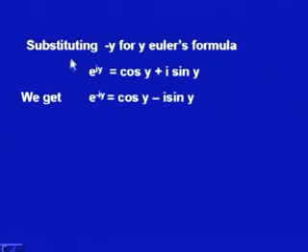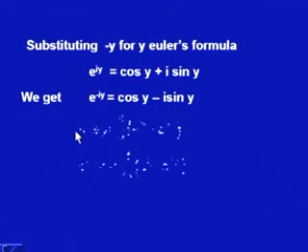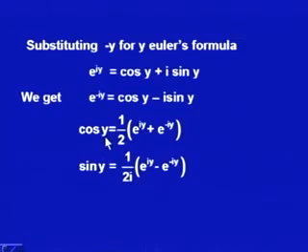Now if in the same formula I substitute -y for y, then from Euler's formula e^(iy) = cos y + i sin y, this substitution gives me e^(-iy) = cos y - i sin y. Adding these two equations, I get cos y = (1/2)(e^(iy) + e^(-iy)).